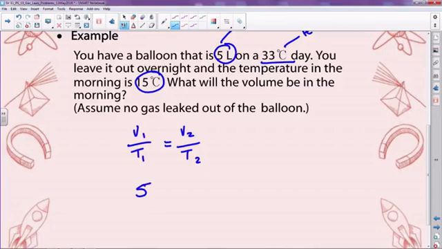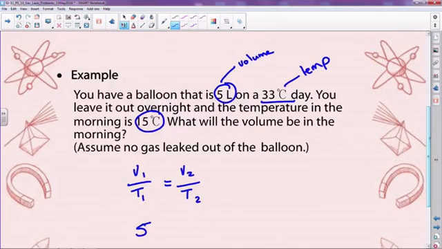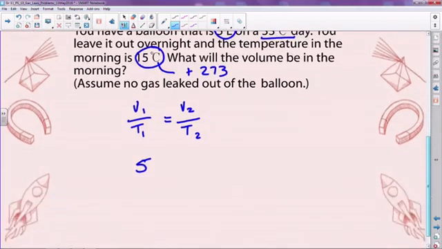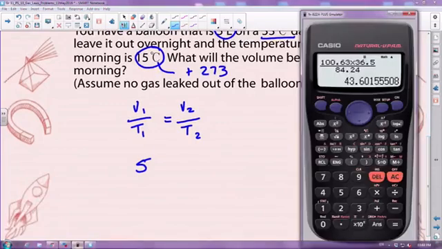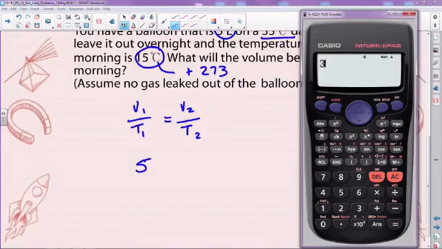Now my temperature, how do I go from degrees Celsius to Kelvin? I need to add 273. And for this one, I need to add 273. So to check ourselves, let's go back to our calculator quickly. And it's 33 plus 273.